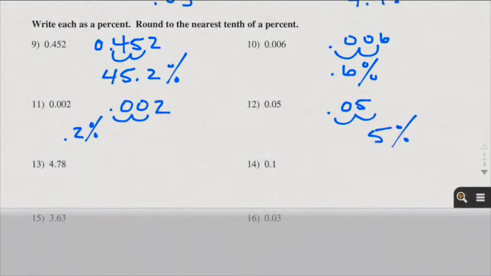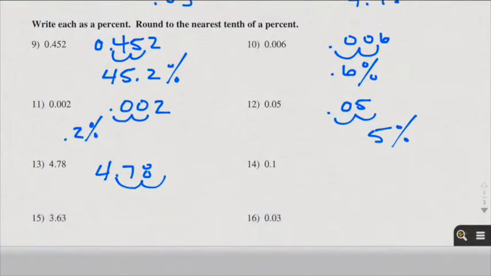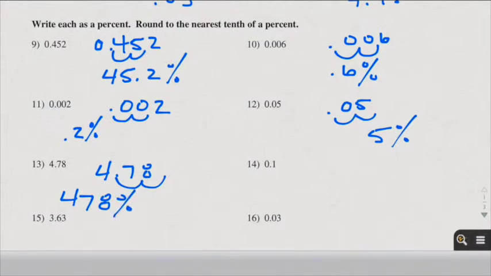Number 13, 4.78, move the decimal over 1, 2, we end up getting 478%. Okay, number 14, 0.1, move the decimal over 1, 2, fill that with a 0, we end up getting 10%.